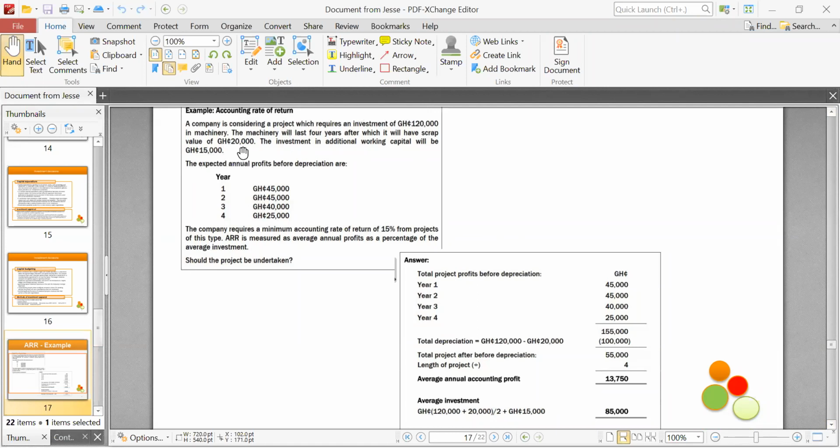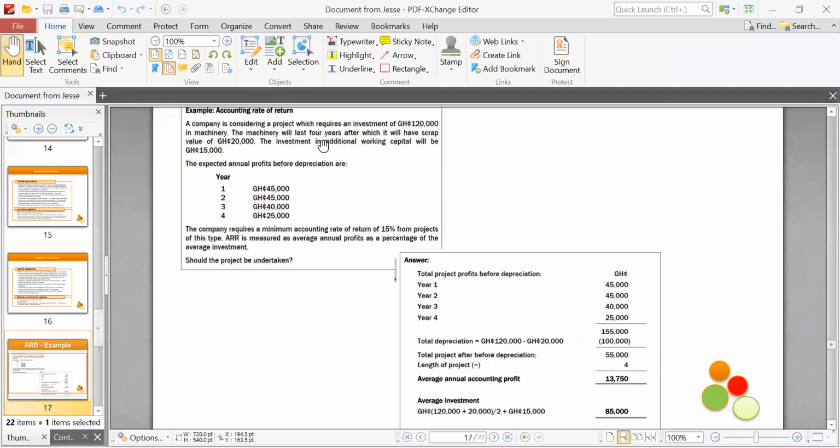Yes, sir. So if you want to know the average cost of the investment, it will be 120 plus 20 divided by 2.